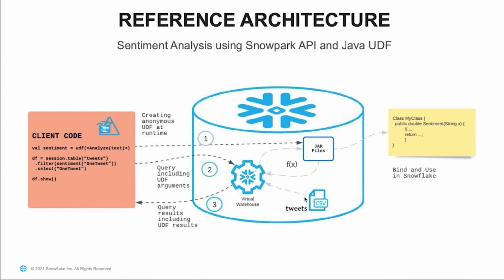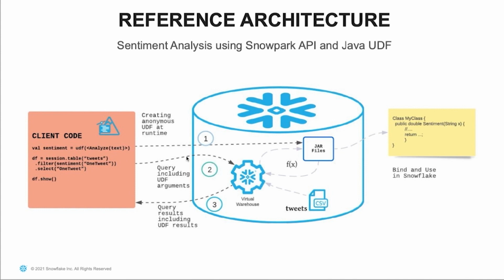So there is no data movement as such between these processing calls between the client code and Snowflake. So you don't need to transfer the data to your client in order to execute the function on the data. The execution of the function can live inside of Snowflake using Java UDF, and that is made possible through the anonymous function in Snowpark library.